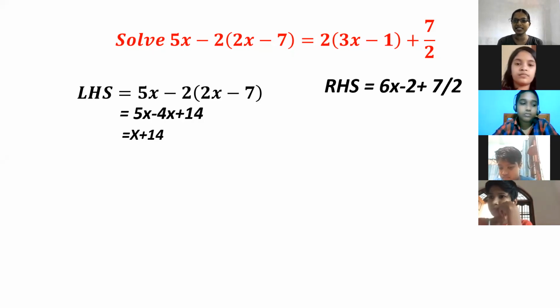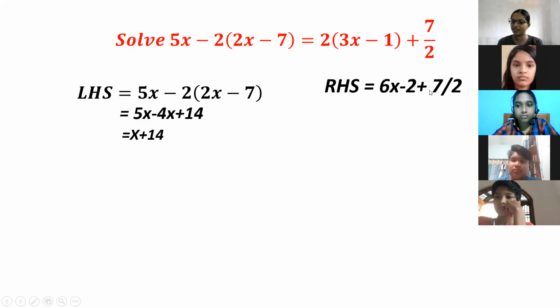Here I am first going to open this bracket, as we did in the LHS. Here also we multiply by this 2 inside the bracket, that is, 2 into 3x is 6x, and 2 into minus 1 is minus 2, that is 6x - 2 + 7/2. Is it clear?